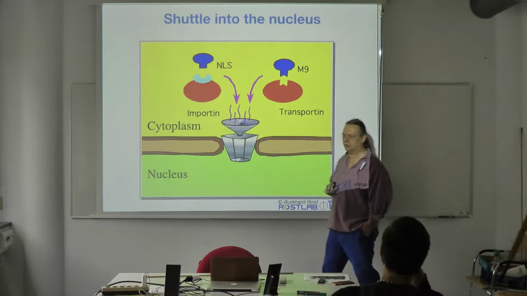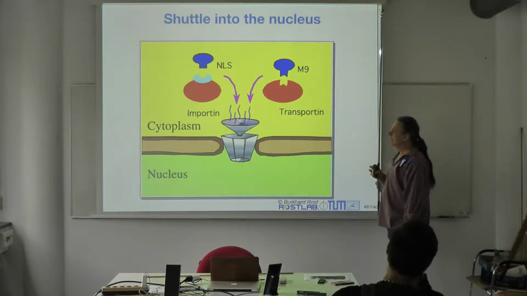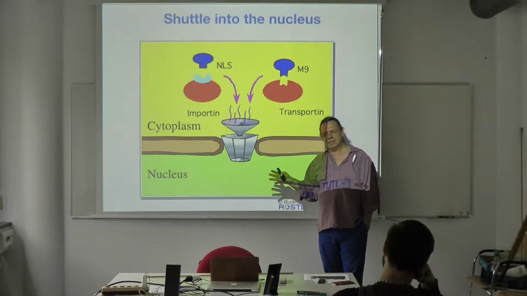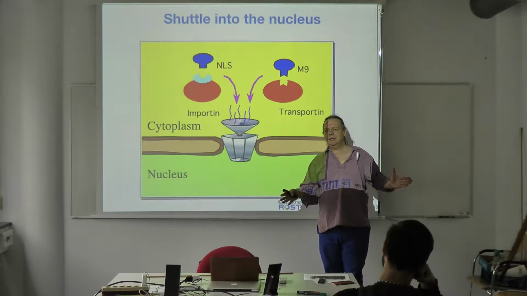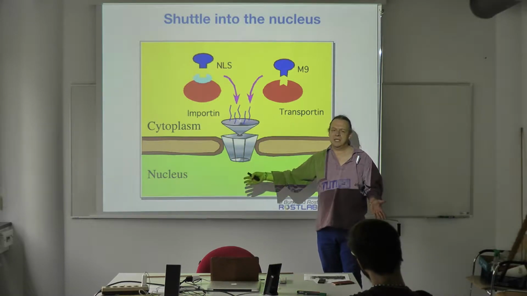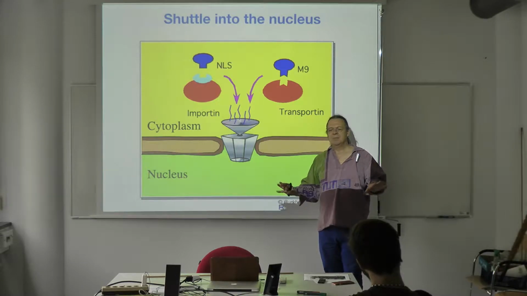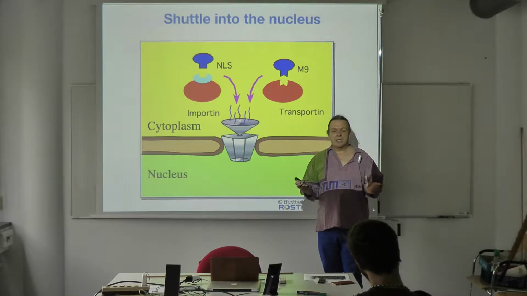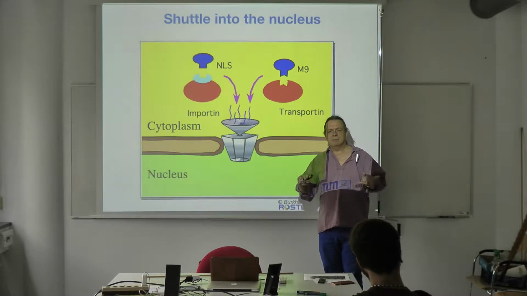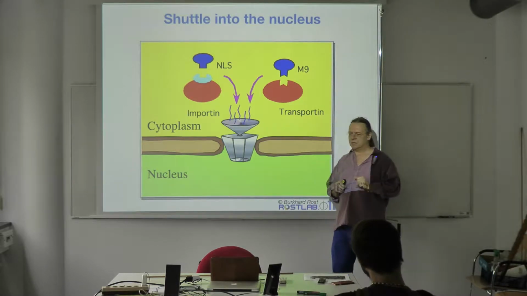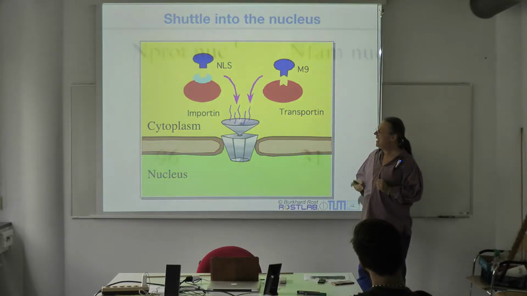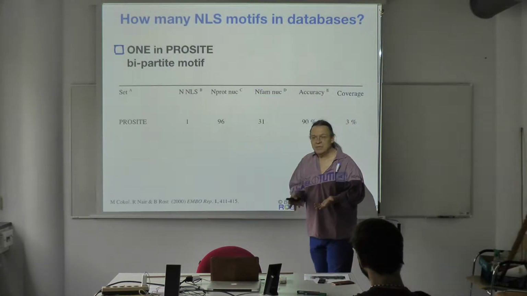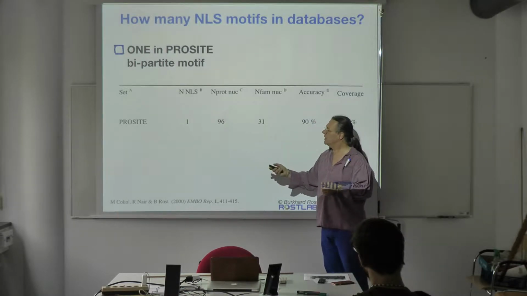It's a full circle. Now, these motifs are more complex in the sense that they are not always at the beginning, they're not always in the middle, they're not always at the end. They come at different places. Sometimes the ones that are experimentally characterized are regular expressions, and sometimes they are more complex regular expressions. When we began our work, there was a database for these types of biological motifs, called PROSITE.